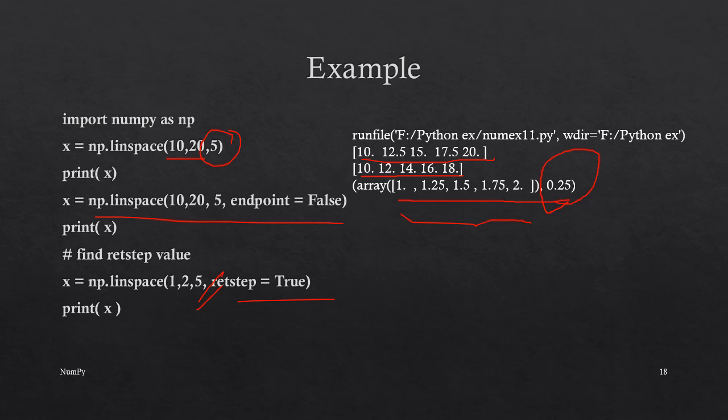So these are the 5 elements and their step value is 0.25. So this is the difference between arange and linspace. In the case of arange, how it should be evenly spaced is not specified. But here we can specify how the elements should be evenly spaced.